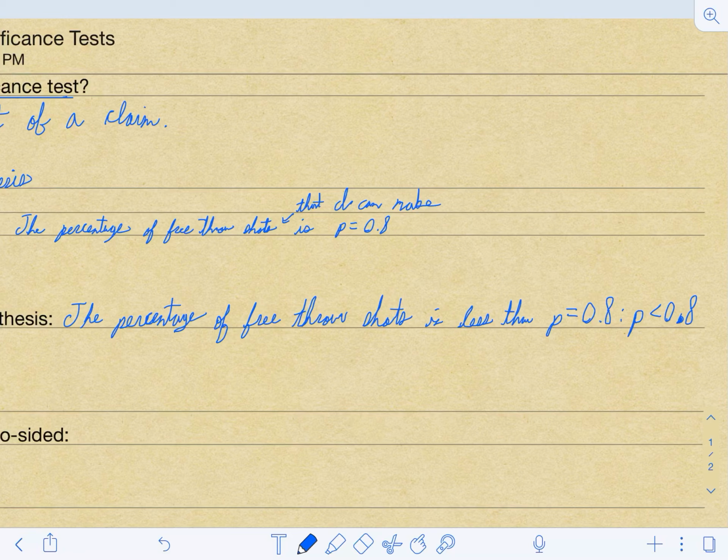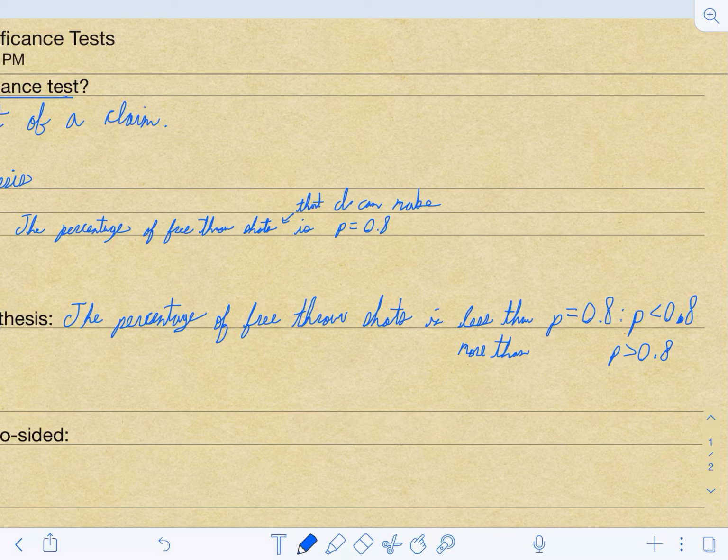Now, if he's a hot shooter, we could switch it around. If instead of less than, we say more than, we might say P is greater than 0.8. So the percentage of free throw shots is less than 0.8 or greater than 0.8. Or, well, maybe you think it's any answer, but it's just not that answer.